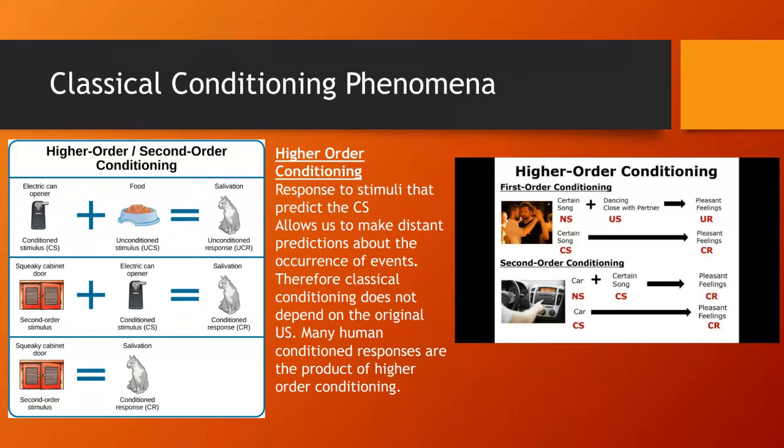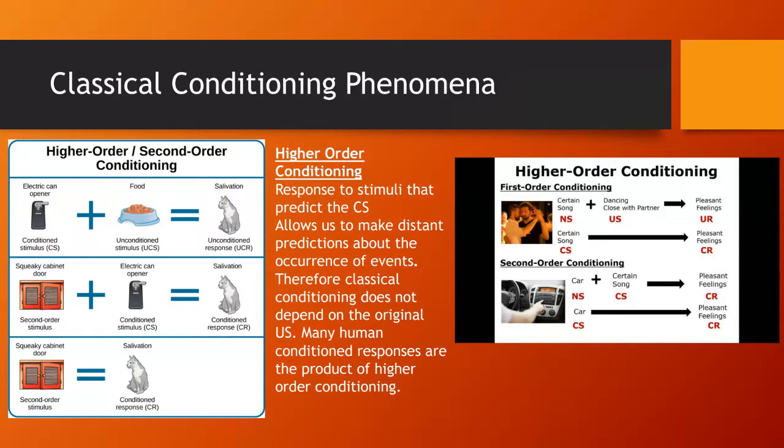It's where you take the original stimulus out of the equation, and the conditioned stimulus starts to be paired with another new stimulus, and it's almost like a whole chain reaction that can take place. That's often what our conditioned responses are based upon. So higher order conditioning is almost like second order conditioning.